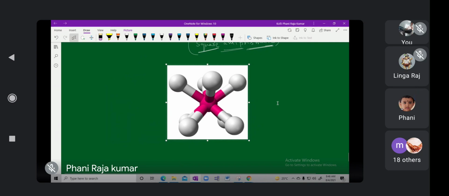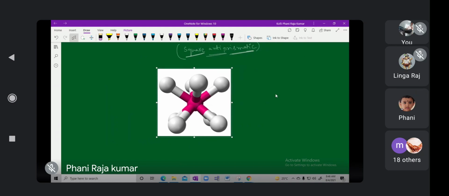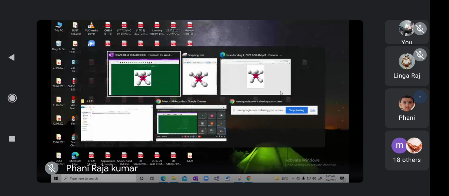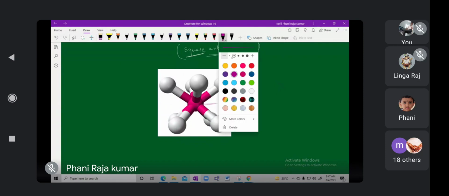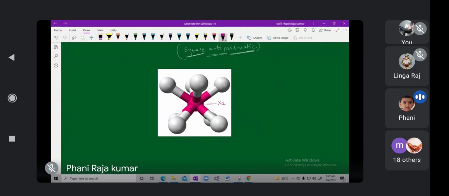This is the shape of square antiprismatic. Central is the xenon atom. This is xenon.